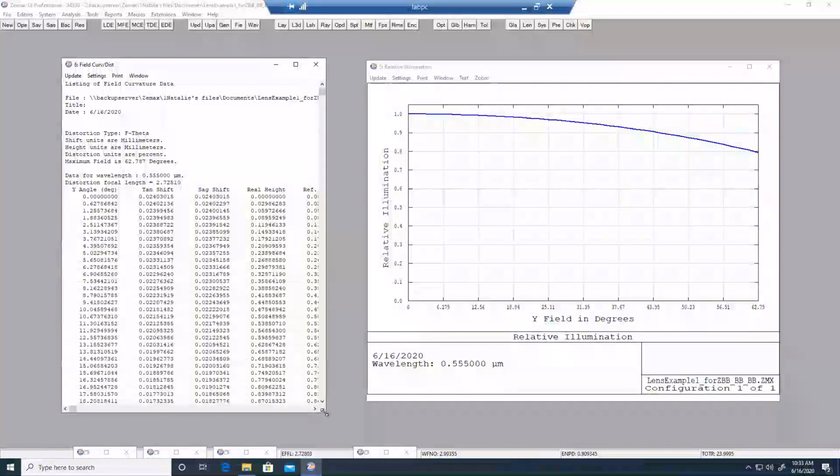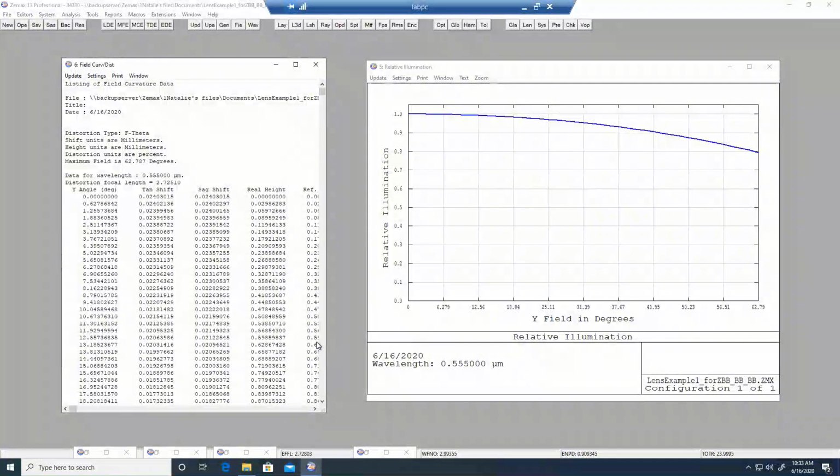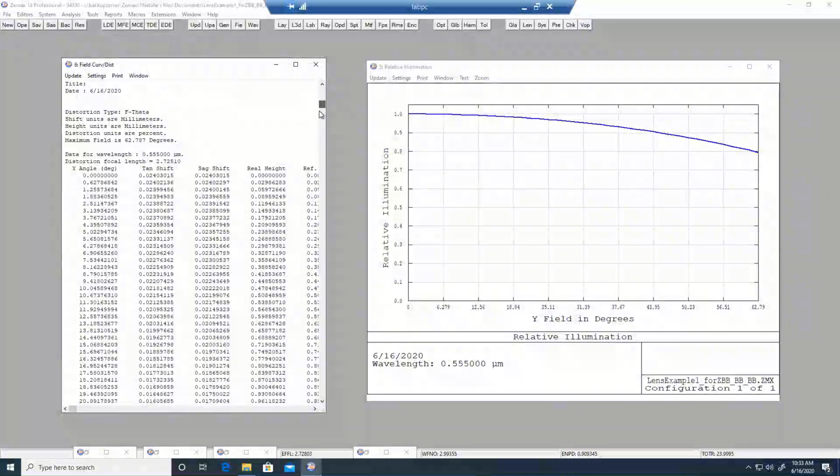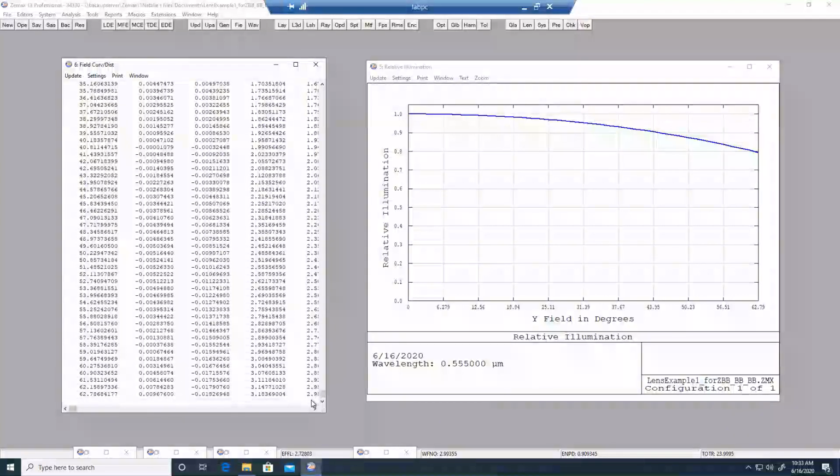If we were to analyze a 1/3" sensor, which we can assume has a 6 millimeter diagonal, and we wanted to see what the relative illumination is at that diagonal, just to make sure we have enough light there, on the left I have real image height data correlated to angle.